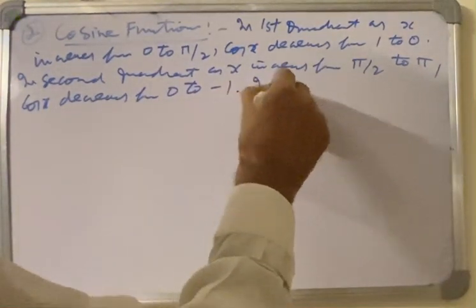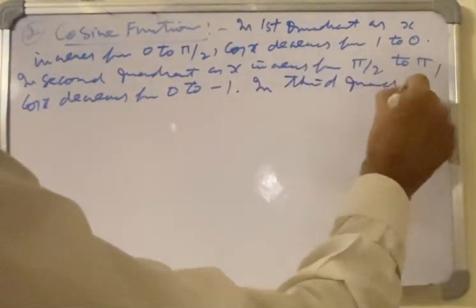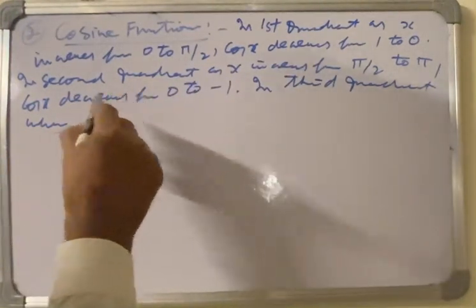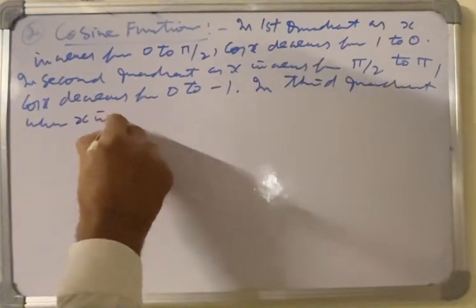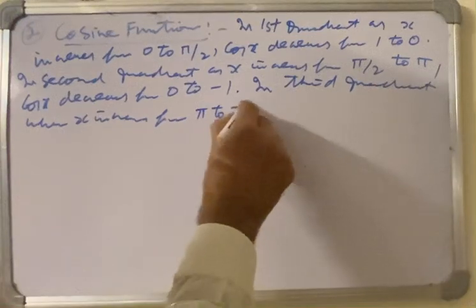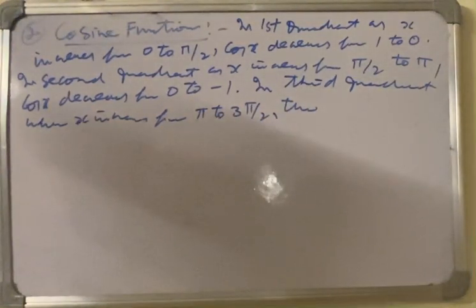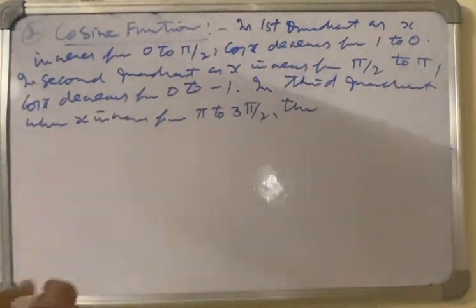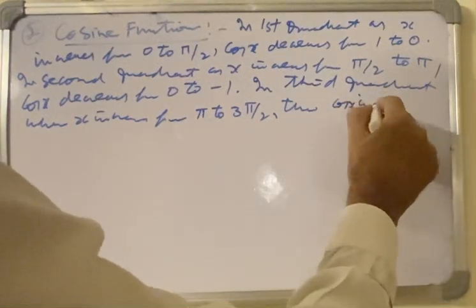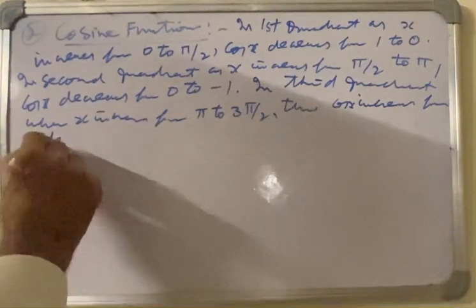In third quadrant, when x increases from pi to 3 pi by 2, then cos x increases from minus 1 to 0.